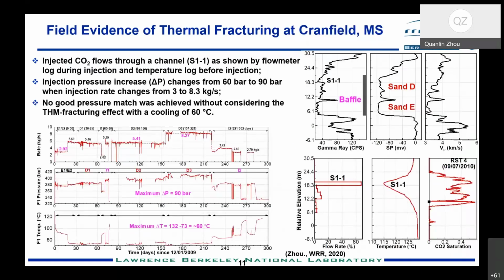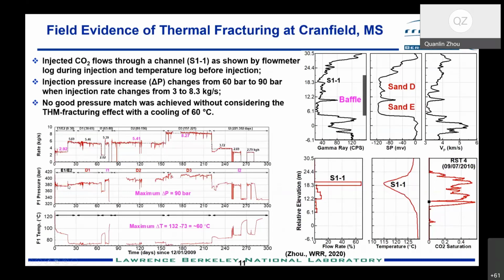For Cornfield, we can see injected CO2 flows through the channel S11, as shown by the flow meter log during CO2 injection, and by the temperature log before CO2 injection. That's the injection pressure.